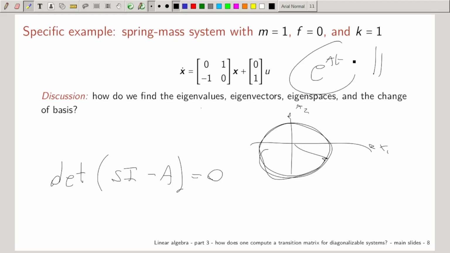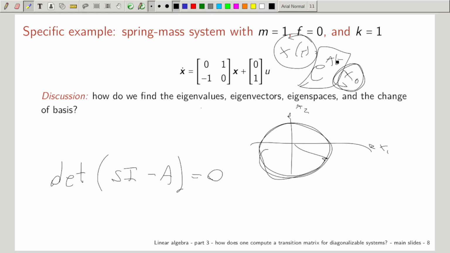Because those columns are the trajectories. Because the trajectories x of t is this stuff here. The trajectories are linear combinations of those trajectories. Together, that is the system. This is the system.